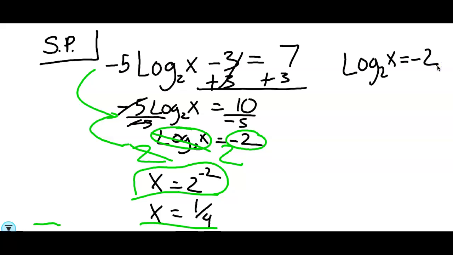And what we do is we exponentiate. What's the opposite? Kind of like here, what's the opposite of subtraction? It's addition. That's how we get rid of it. What's the opposite of multiplication? It's division. That's how we get rid of it. What's the opposite of a log? What's the opposite of logarithms? The inverse of a logarithm. Exponents, right? So we exponentiate.